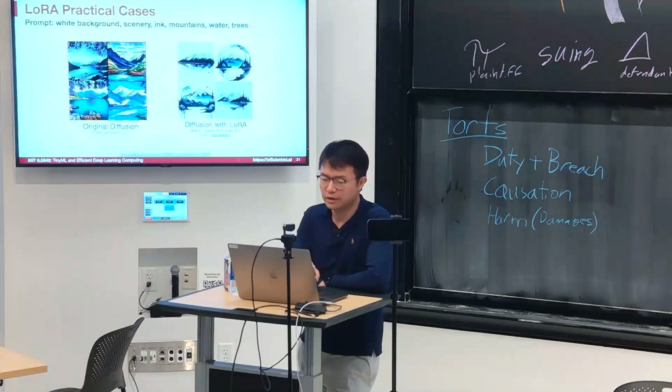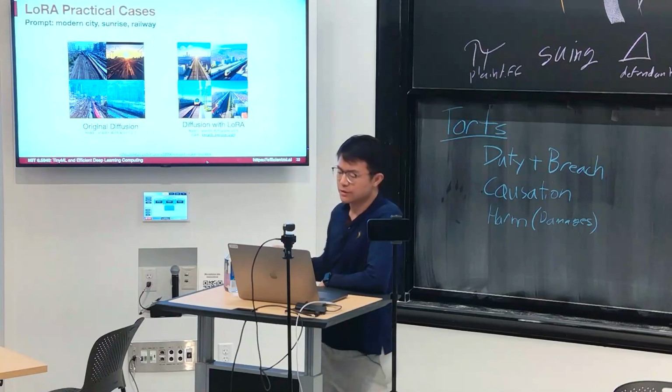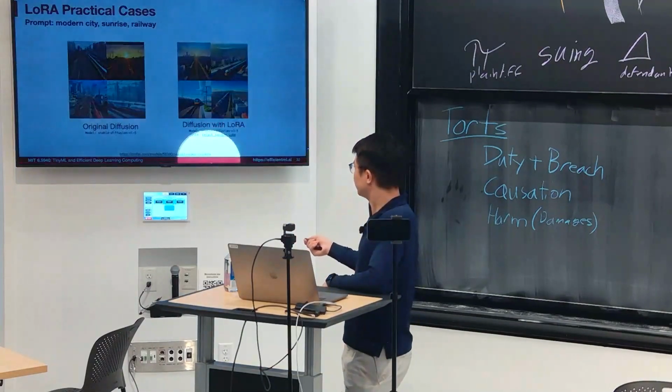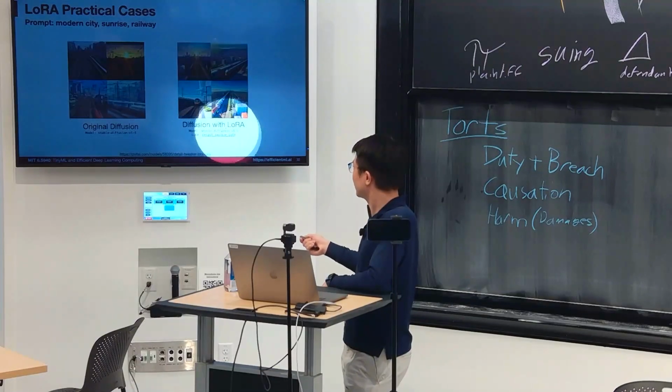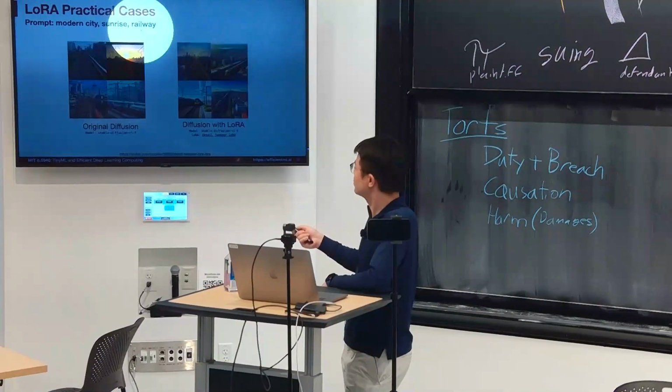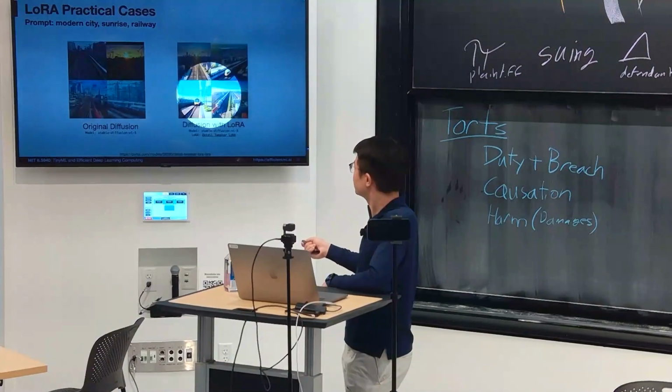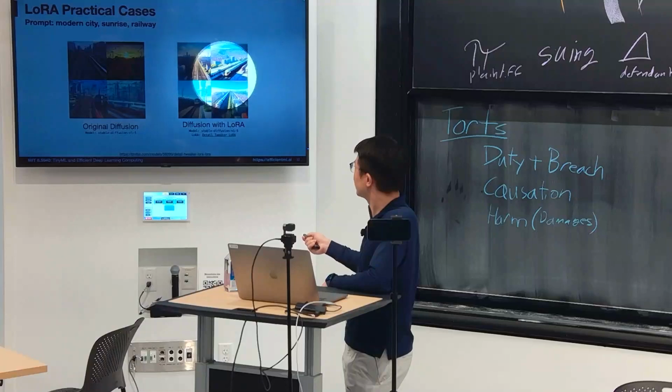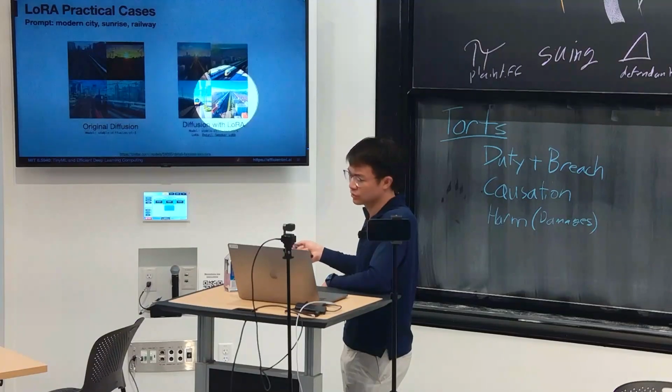It looks much better than without LoRA. This is another LoRA model, which is the detail tweaker LoRA. Compared with the original diffusion, for the prompt of a modern city at sunrise, the diffusion with LoRA has much more details, which looks much better.